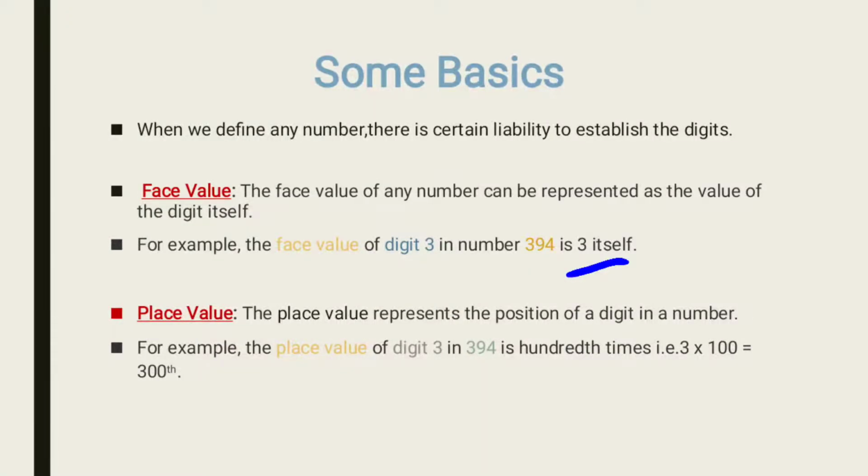For example, if we have to find out the place value of digit 3 in the number 394, it will be multiplied by the value of its base, that is 100. So 3 into 100, the place value of the digit 3 will be 300.